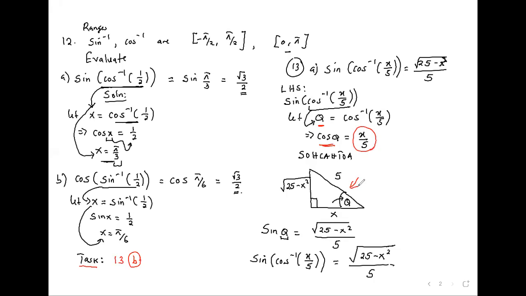If it's sine, it's opposite over hypotenuse. If it's tan, opposite over adjacent. Then you find the missing side. And if the outside one is sine, then you find the sine of the angle that you have chosen. Whatever you get, you substitute back your chosen thing, then you'll be done. So I'll give you 13B and see what you get.